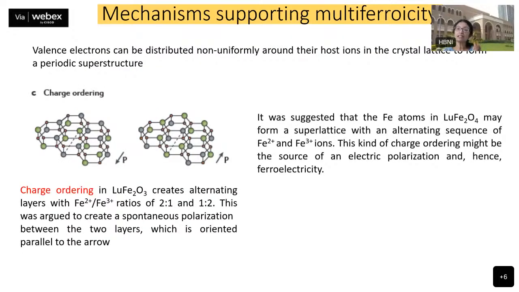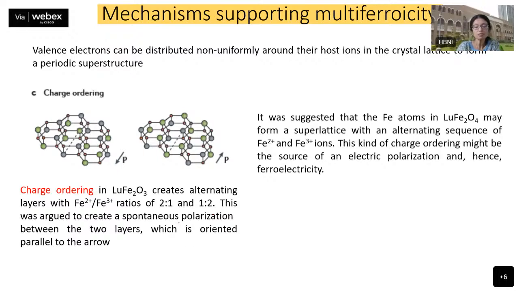The other, as I said, the last one, was the charge order. So valence electrons can be distributed non-uniformly around the host ions in a crystal lattice, and it forms a periodic superstructure. So charge ordering in materials like LuFe2O4 creates alternating layers of Fe2+ and Fe3+ in ratios of 2:1 or 1:2.